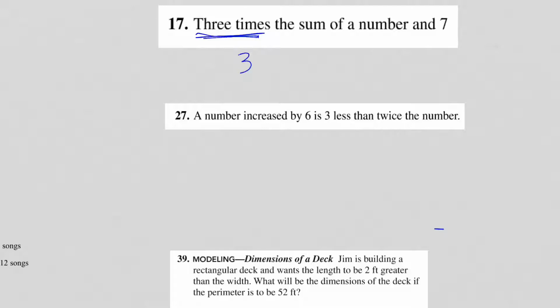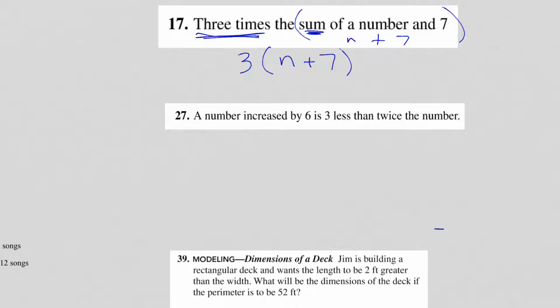Here we have a quantity, and that quantity is the sum, which is a number plus 7. So this is going to be 3 times the quantity n plus 7. That's a little tricky. If you don't put the parentheses, it is incorrect. So be careful with that one.